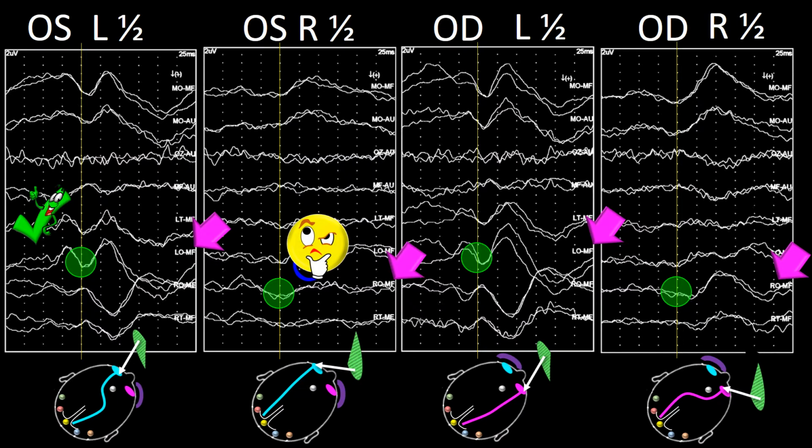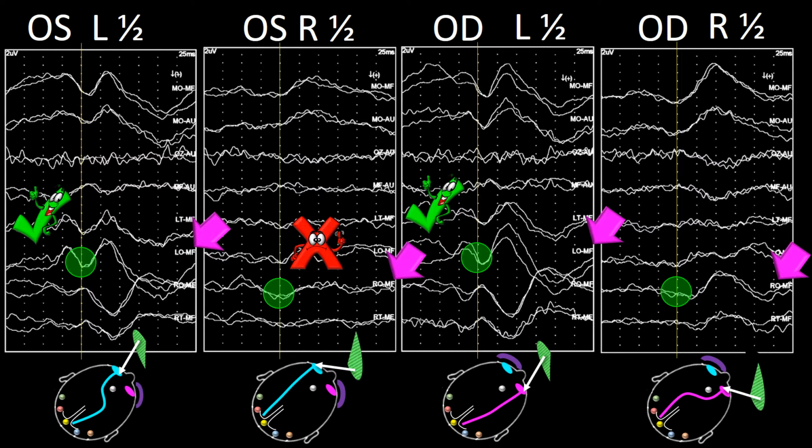You should consider in the second panel, which as you can see, there's no P100. In the third panel, which is normal, that is the P100 is fine as far as latency and amplitude.